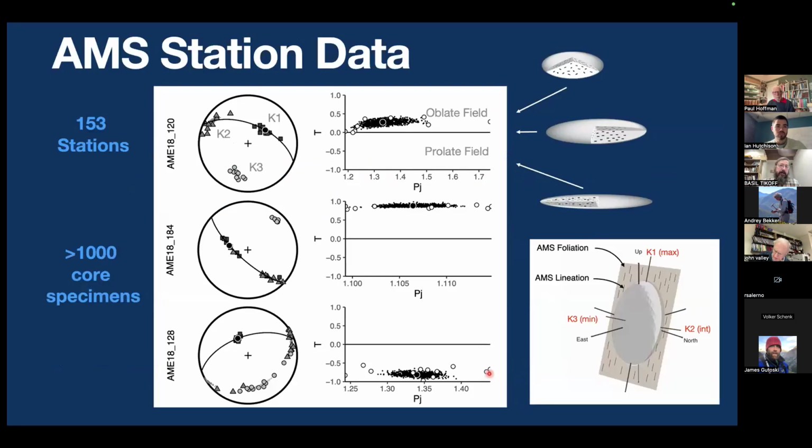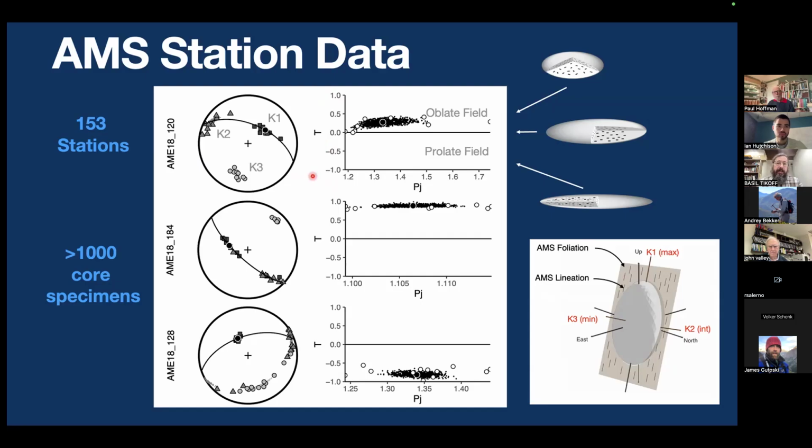Those are the two things we need to keep track of, and we do this everywhere. The data looks like this, where we're plotting the degree of anisotropy, PJ, on the x-axis, and the shape going from pure lineation at -1 to pure foliation at +1, with triaxial shapes in the middle.